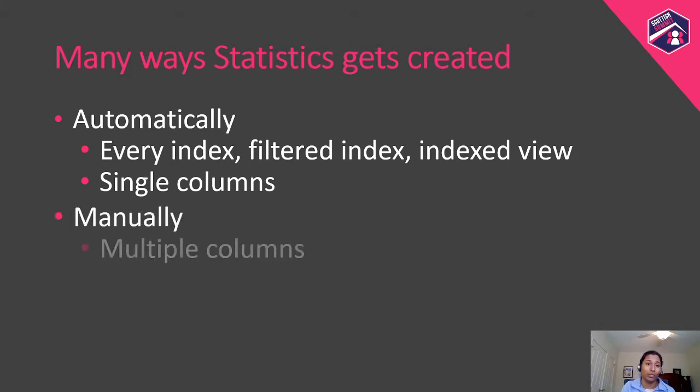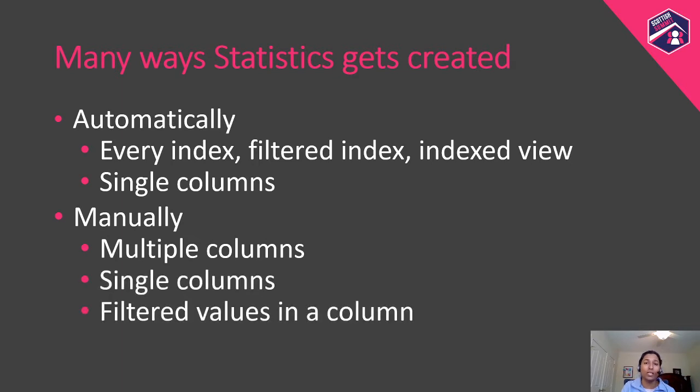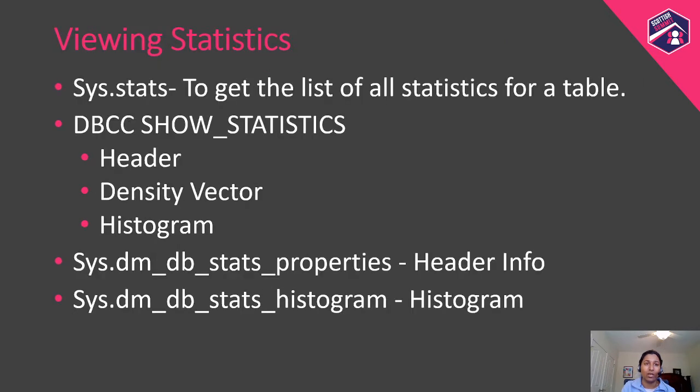They can get created manually on multiple columns, on single columns, as well as we can filter values in a column. So how to view these statistics, right? Like we have seen in our previous slides, stats can be checked by using the sys.stats view. It will give the list of all the statistics for a table.